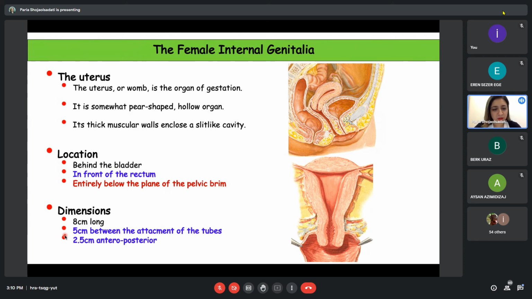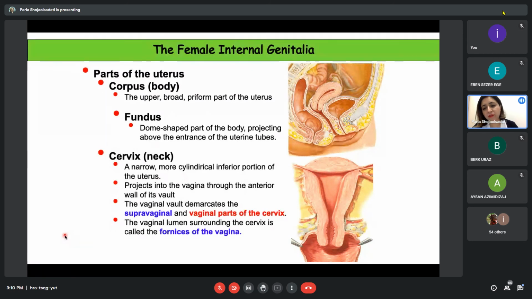If I talk about the dimensional features of this organ, the length is 7 to 8 centimeters, 5 centimeters between the attachments of the tube, and 2 or 0.5 centimeter posterolateral to the bladder.